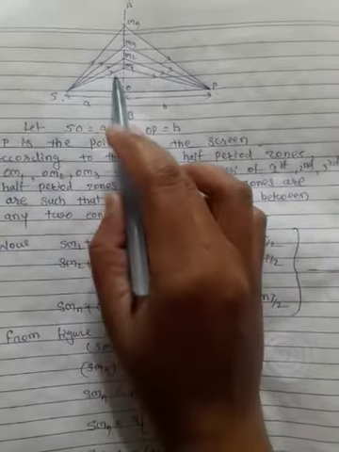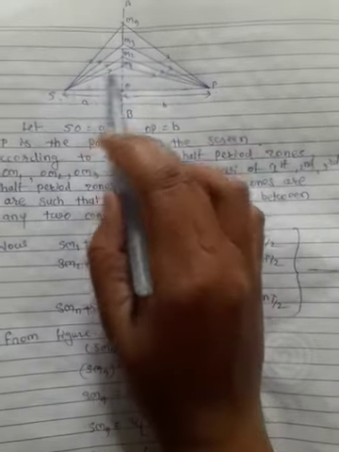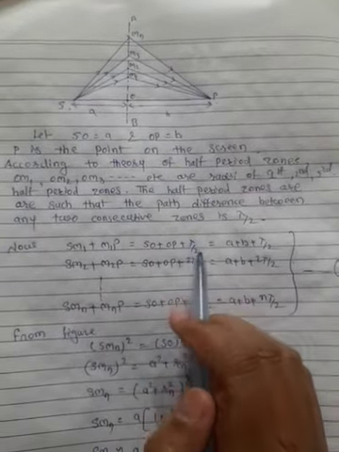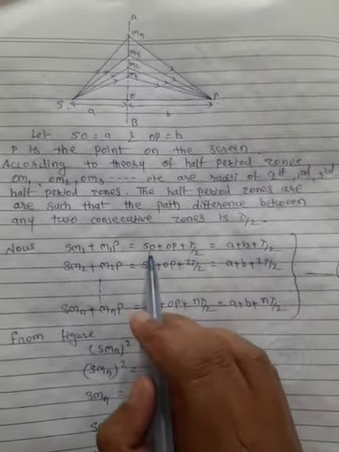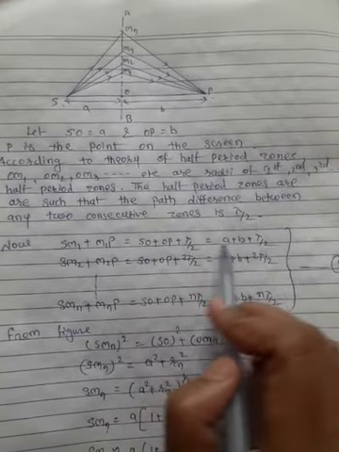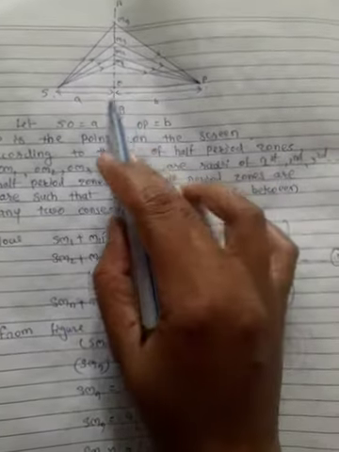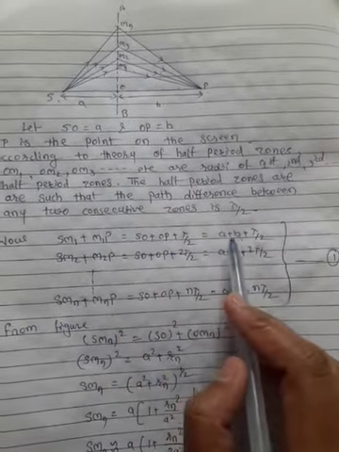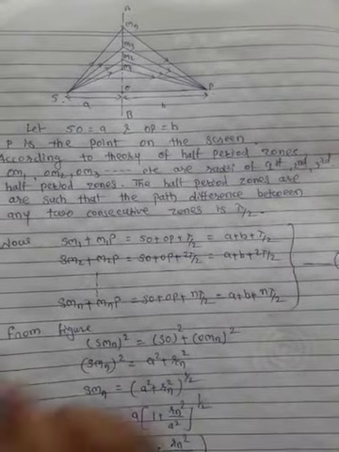Therefore, the path difference between these two waves is lambda by 2, so we add lambda by 2. SO is nothing but a and OP is nothing but b. Therefore, we substitute these values: a plus b plus lambda by 2.